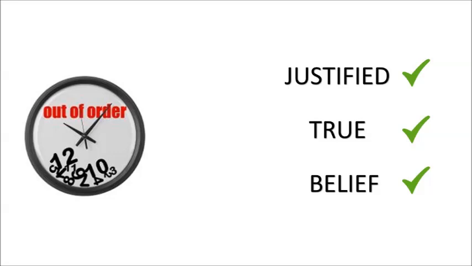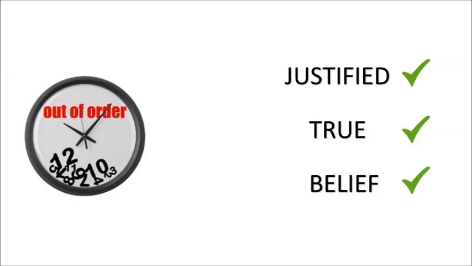Notice what that means. Just suppose the very moment that I happened to look at this clock, it really was 12:15. That means I still have a belief that it's 12:15. I was still justified in believing that it's 12:15. I tend to think looking at a clock is a good reason for believing that it's the time the clock says. And it was true.